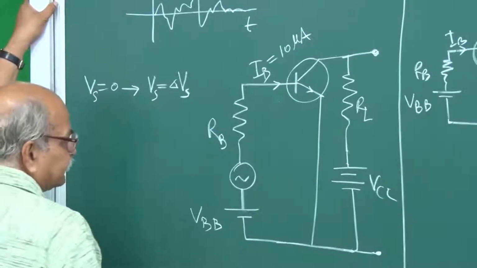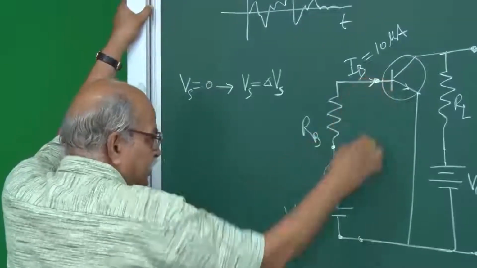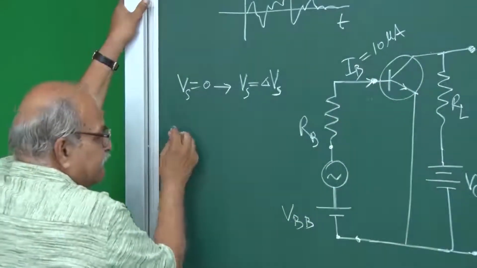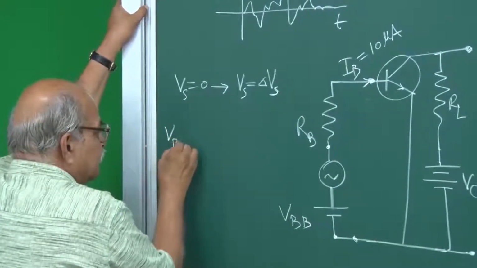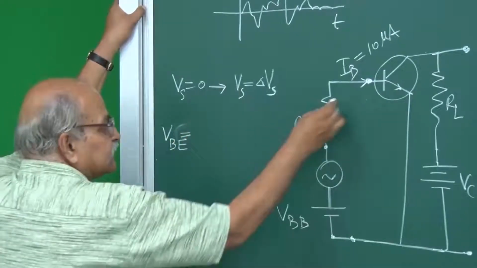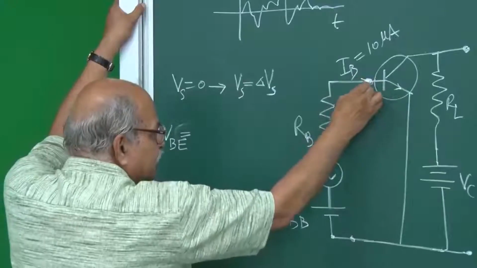And if you write the equation, what is from this point to this point? This is VBE. So, let me write VBE equal to... I am trying to write VBE, this voltage. What is this voltage?